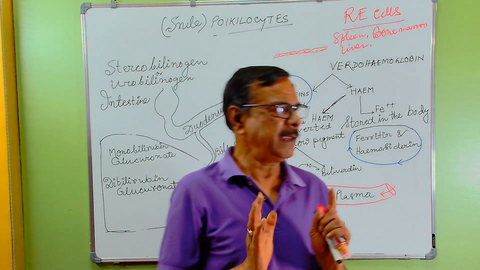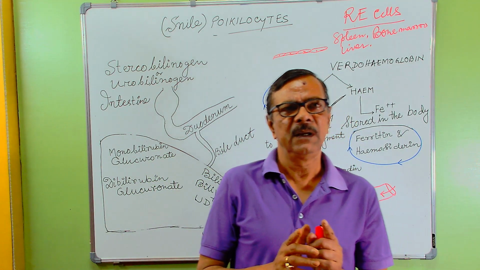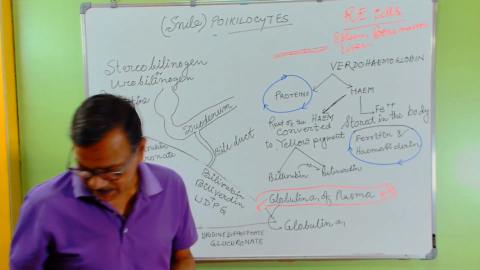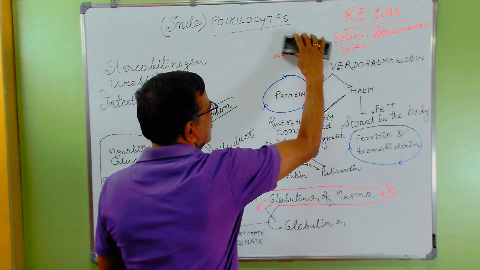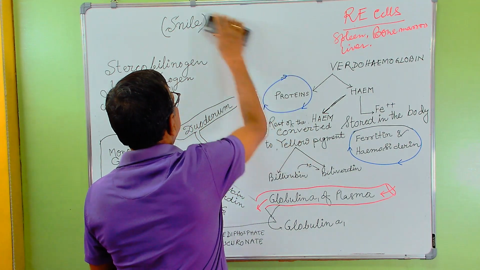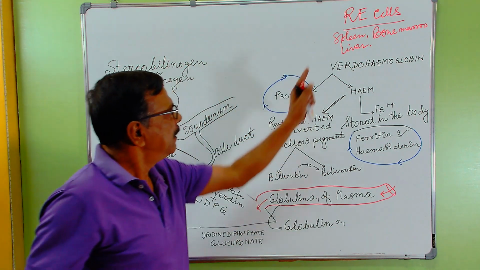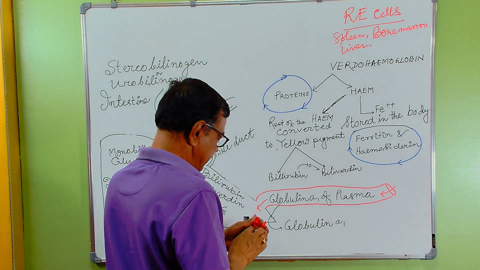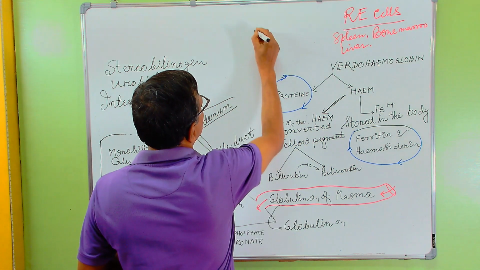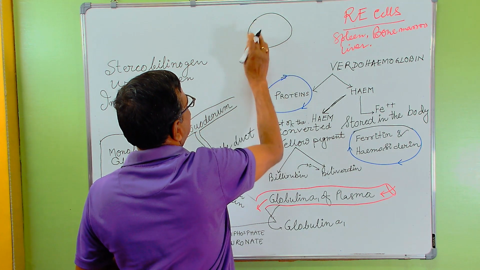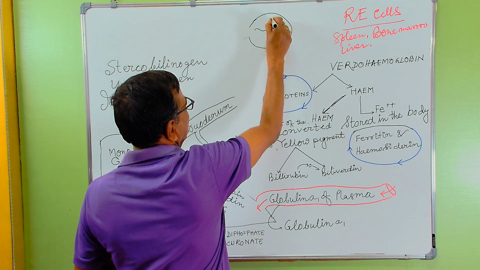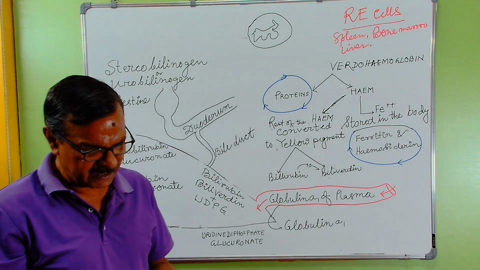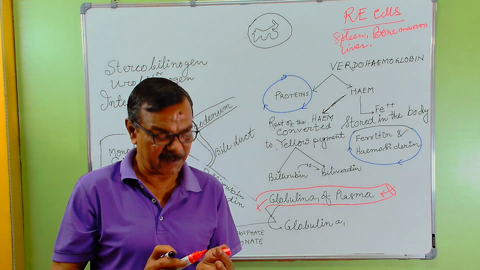Actually, RE cells are of two types: histiocytes and floating histiocytes. These histiocytes, what that does, these histiocytes phagocytose with their phagocytic action. Either in the spleen or the bone marrow or in the liver, these RE cells engulf the entire RBC and crush it.